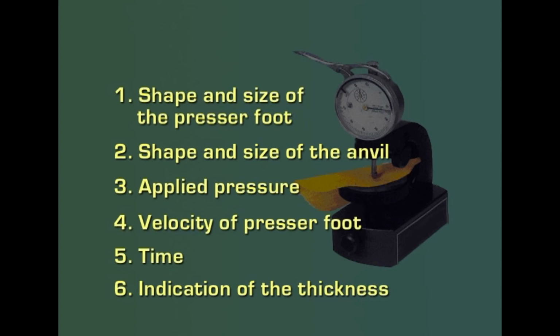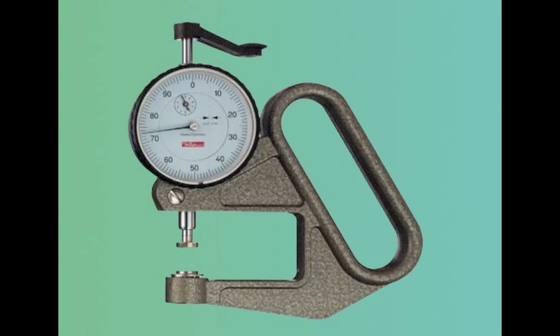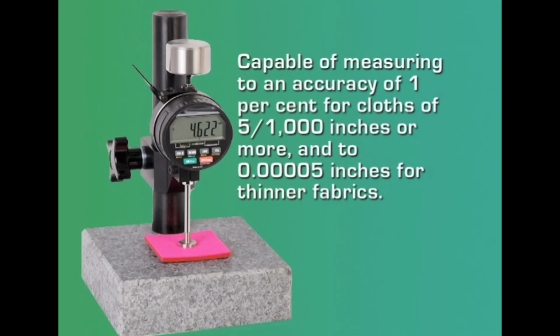Indication of the thickness is also by a clock. A clock type dial gauge is usually built into a thickness tester, and it should be rigidly mounted in a suitable frame, and after setting to 0 should be capable of measuring to an accuracy of 1% for cloths of 5/1000th inch or more and to 0.00005 inch for thinner fabrics.